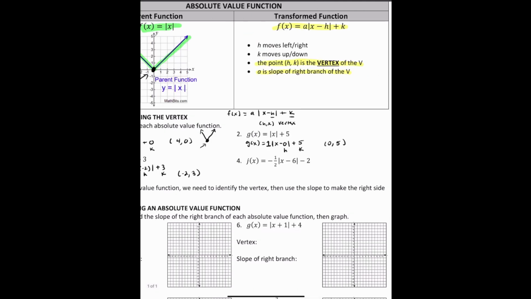Number 4, we have j of x is equal to negative 1 over 2 times the absolute value of x minus 6 minus 2. All right, so we have j of x equals negative 1/2, which is our a, times the absolute value of x minus 6. I don't need to change anything there.